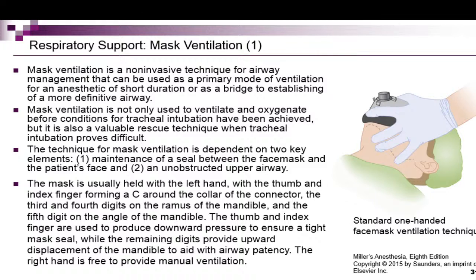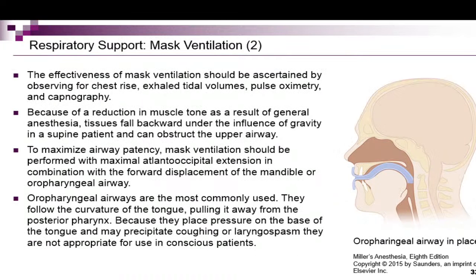The thumb and index finger are used to produce downward pressure to ensure a tight mask seal, while the remaining digits provide upward traction of the mandible to aid with airway patency. The right hand is free to provide manual ventilation if needed, or to regulate any parameters on the anesthesia workstation.